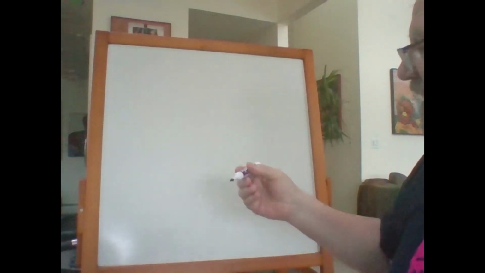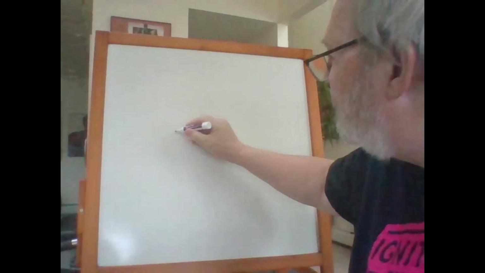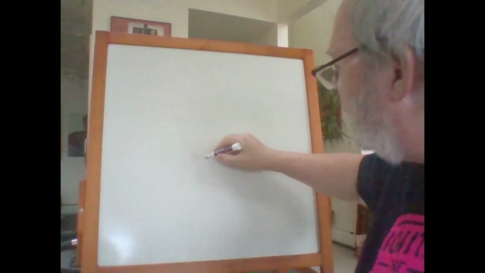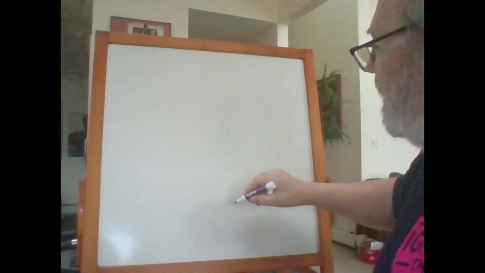Then acceleration is representative of the rate of change of the velocity, and that can happen when curves move around. The curve we looked at was just a parabola, like that.